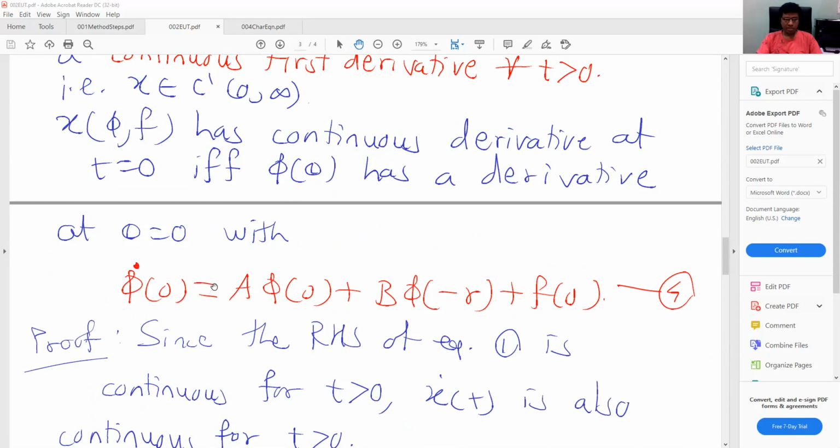Now we check what happens in our case. Okay. Let us see. So we will compute these two things, phi dot of 0 and the right hand side.